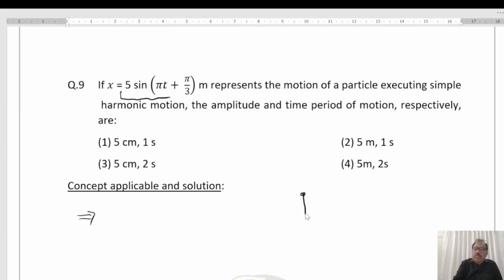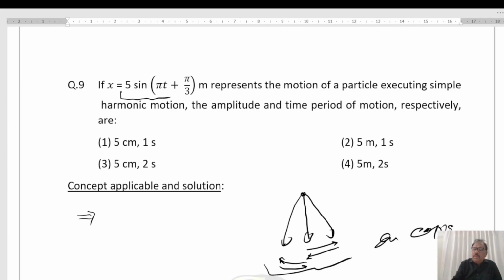SHM: this is the mean position. Go from here to here, here to here, here to here. This is one complete oscillation.